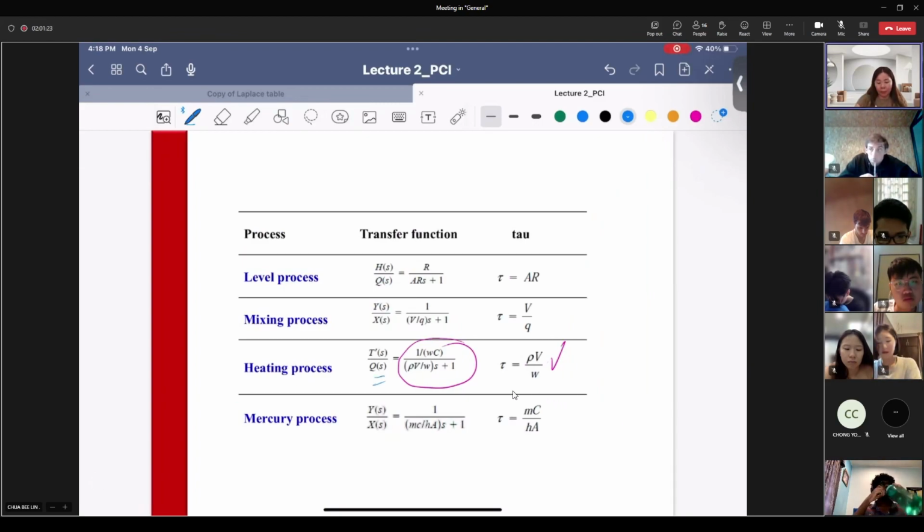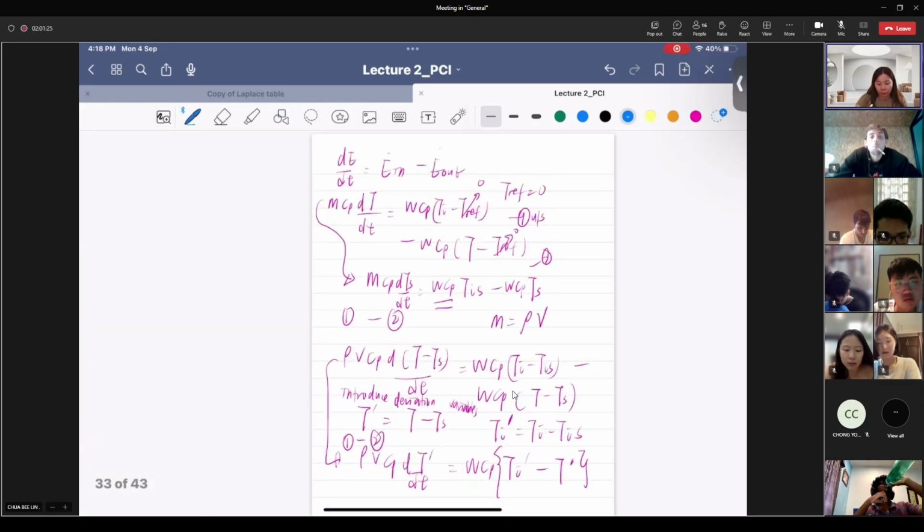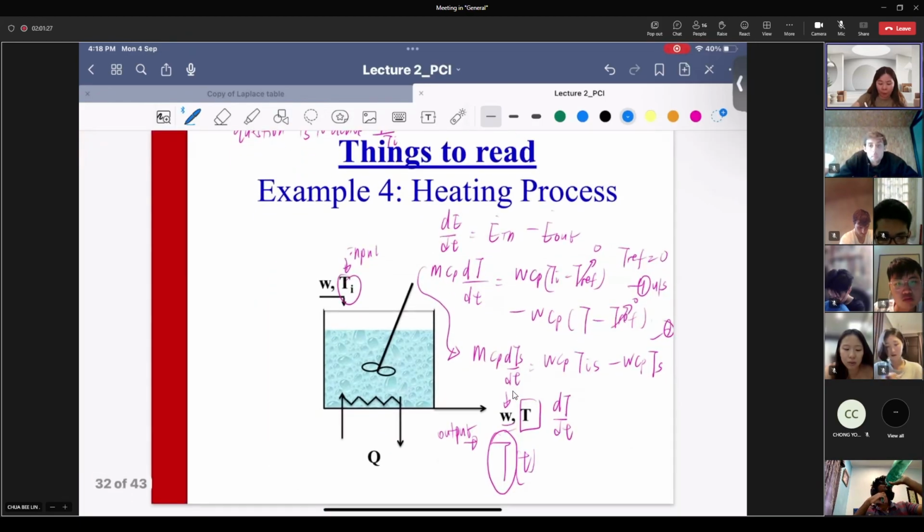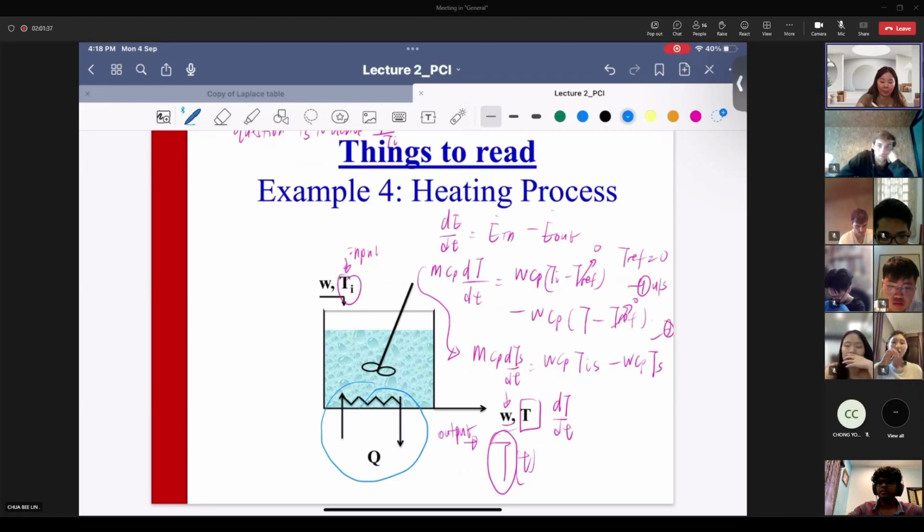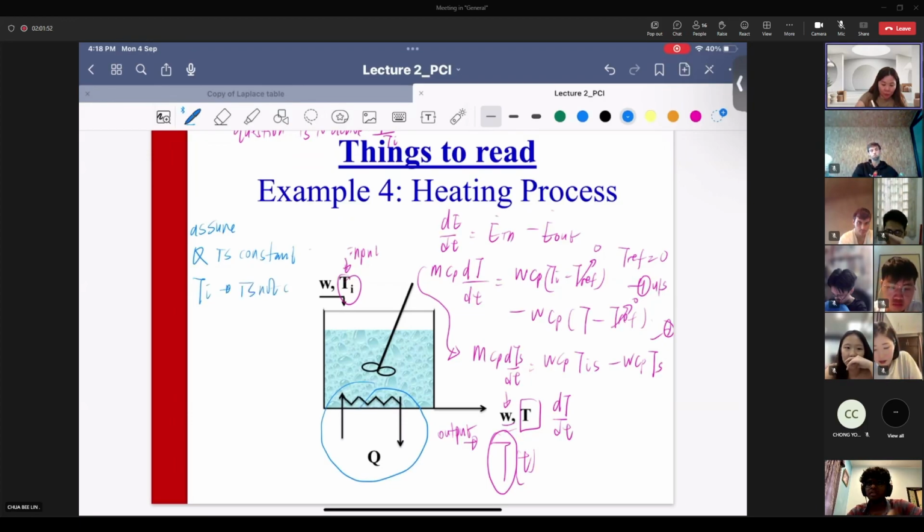Okay, different scenario. Different scenario. I forgot about this Q just now. So this is one of the additional examples. The one we derived in the class, I assume Q is constant and Ti is not constant.